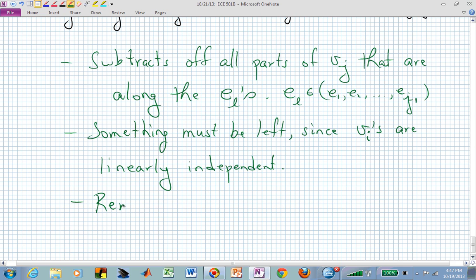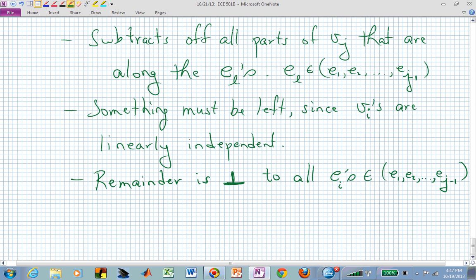And what's left over is actually perpendicular, so I'll use the perpendicular symbol. The remainder, what's left over, is perpendicular to all of these orthonormal vectors, E sub i's, that are contained in E1, E2, up to E sub j minus 1.